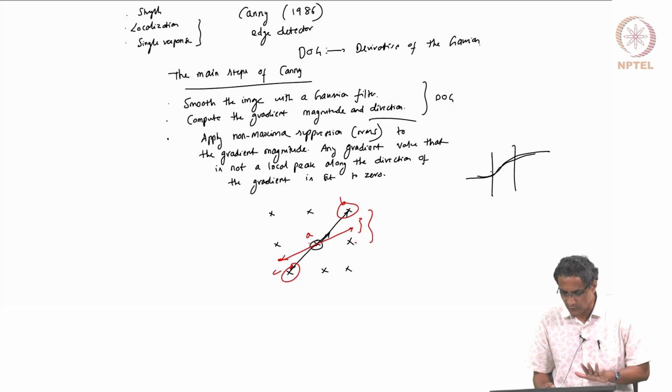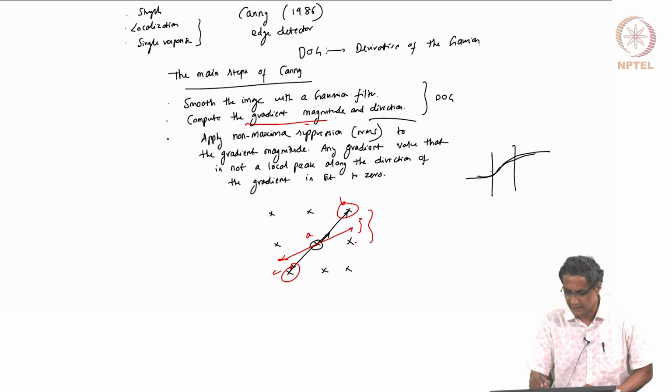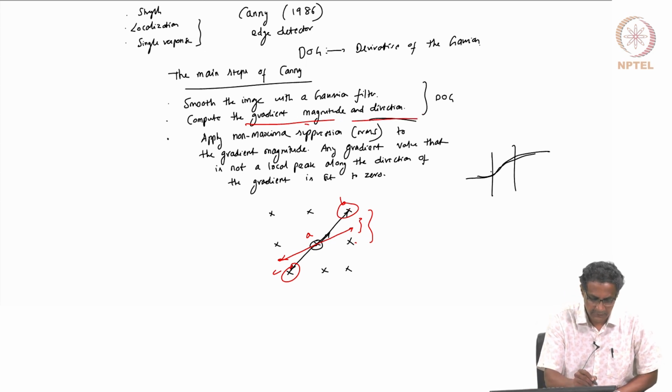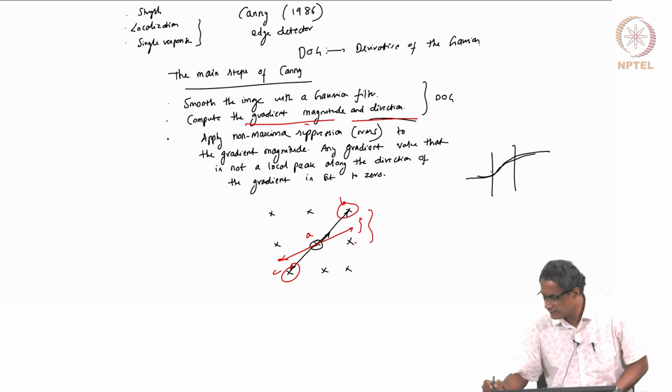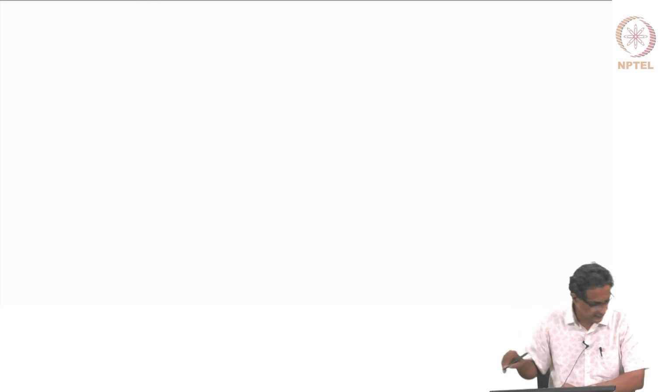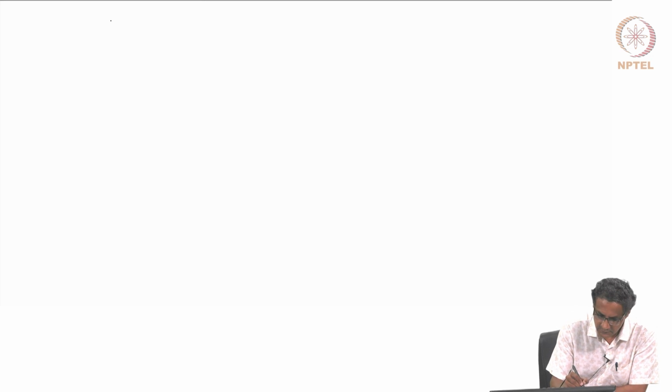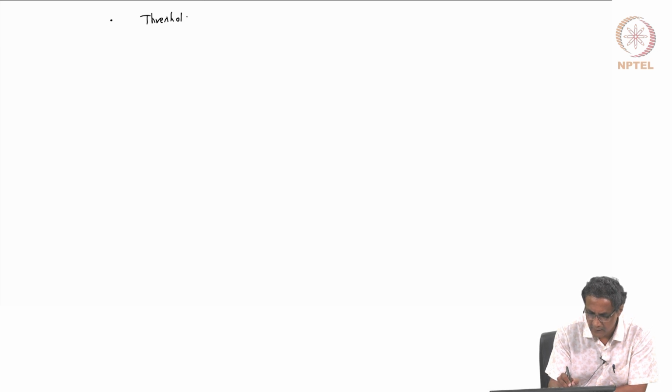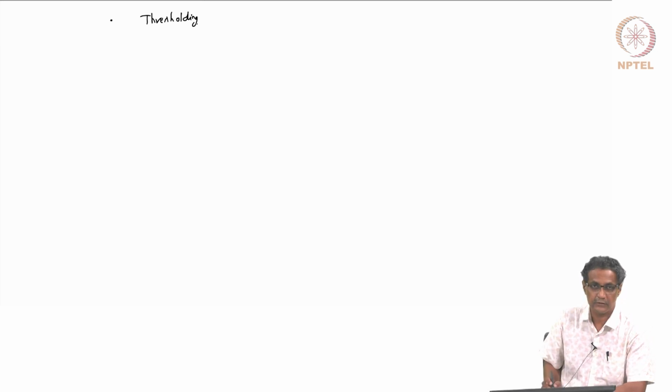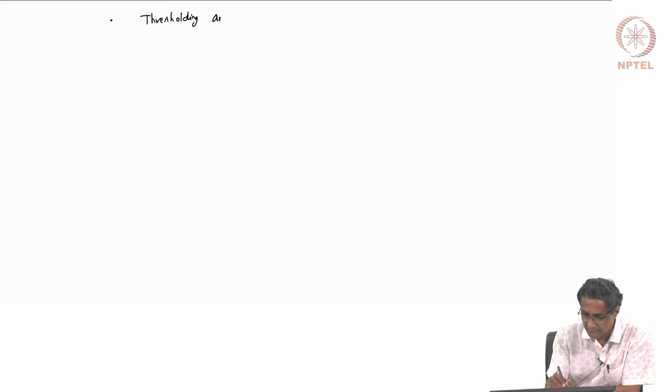This is what is called non-maxima suppression, and you can see that it makes use of the gradient magnitude as well as the orientation. Both are required, but it's not over yet. The other key step in Canny is this one. After this, there is a thresholding, which you expect, because all the while we were talking about thresholding and linking, and this is typically called a hysteresis operation.